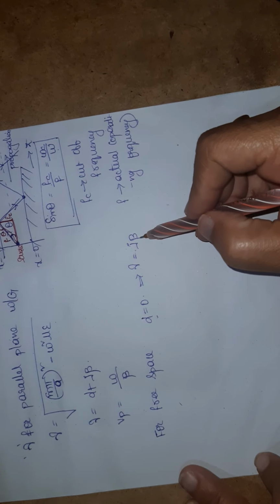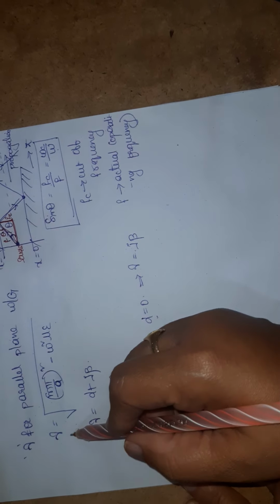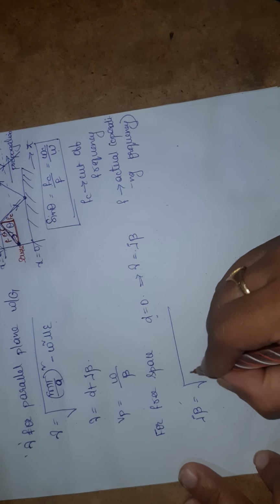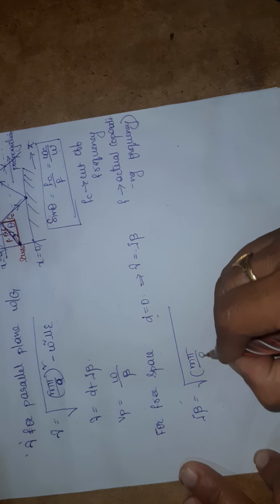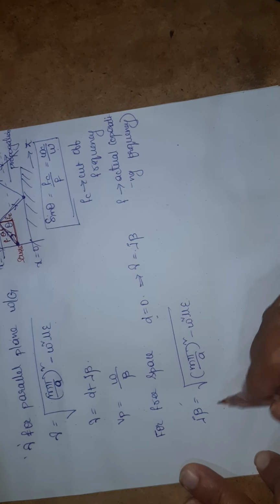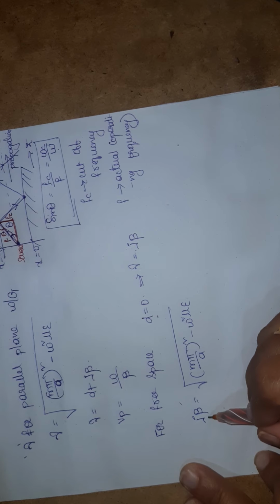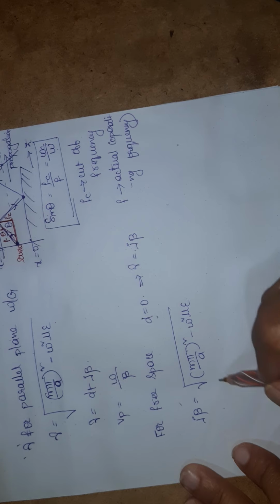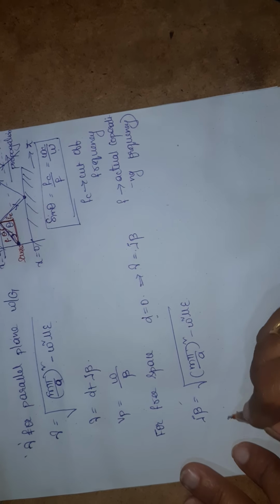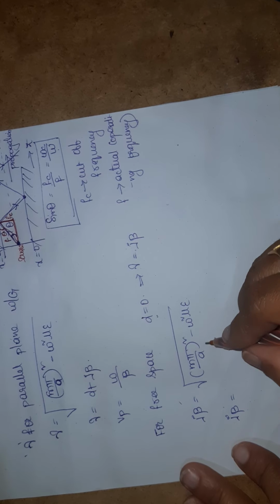Now gamma is equal to j beta, substitute in this equation. So j beta is equal to under root of (m pi by a) whole square minus omega square mu epsilon. So I have to remove this j term. Okay, how to remove this j term? By getting a j term in the right hand side.